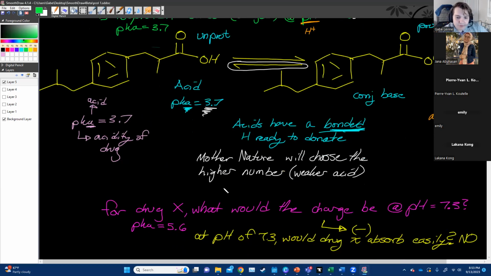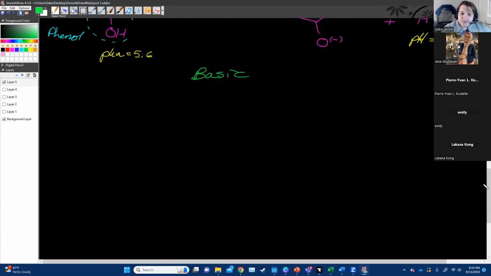In other words, we have a drug that has this hydrogen and it will get rid of the hydrogen to the solution. A basic functional group is the reverse of this. So a basic functional group is going to wait for the solution to donate a proton to it.